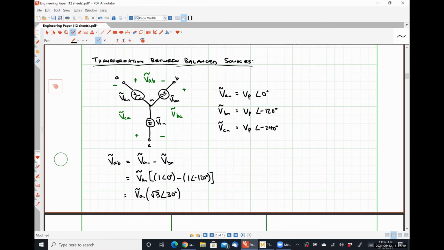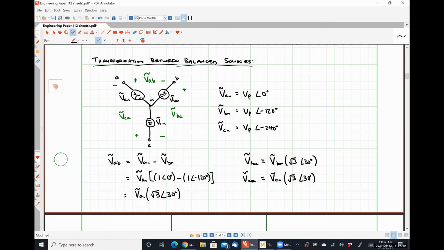Okay, so I have a simple transformation. From this, it should be fairly obvious. VBC is simply VBN times the square root of 3, angle 30 degrees, and VCA is VCN, square root of 3, angle 30 degrees.